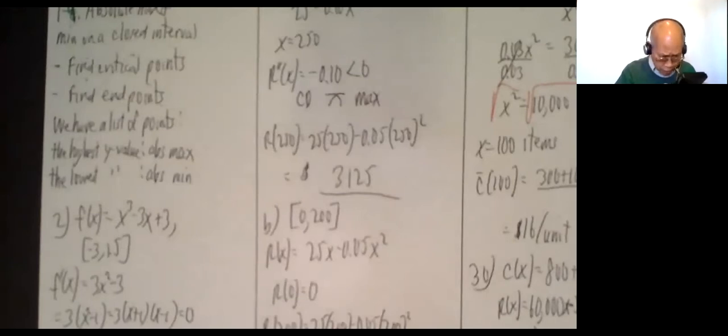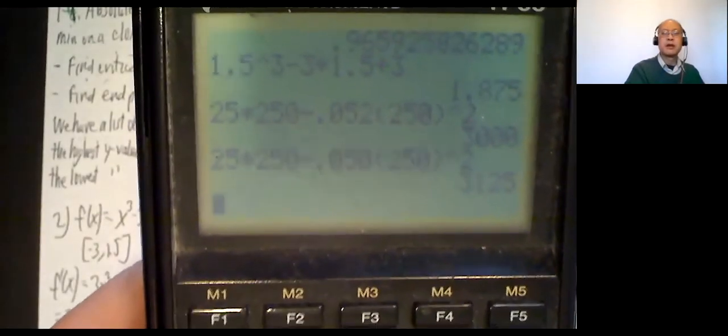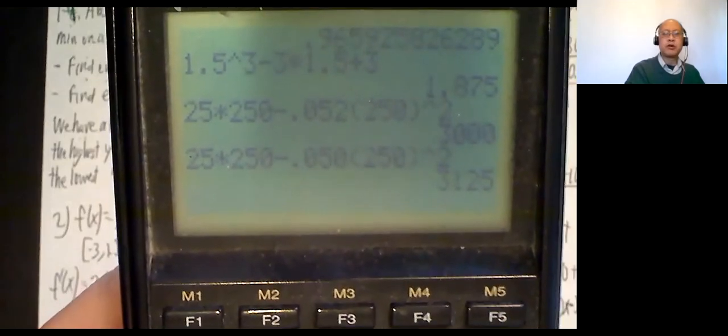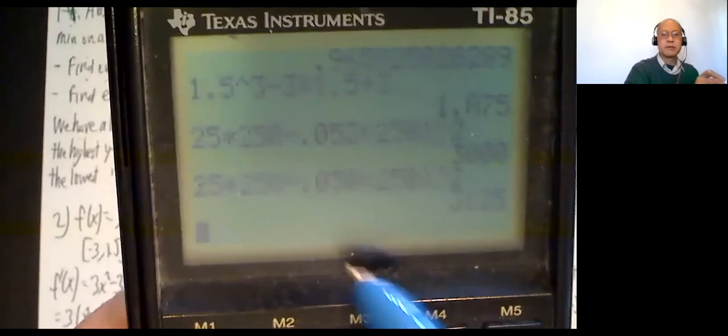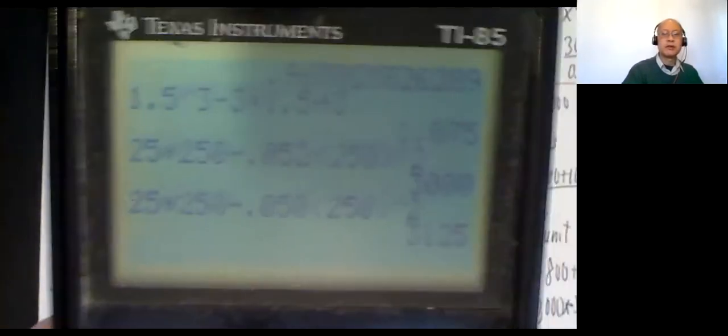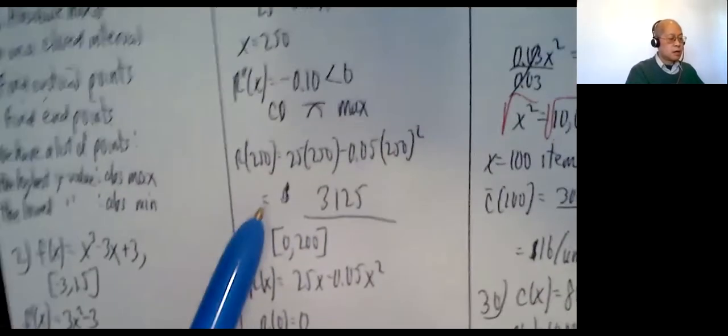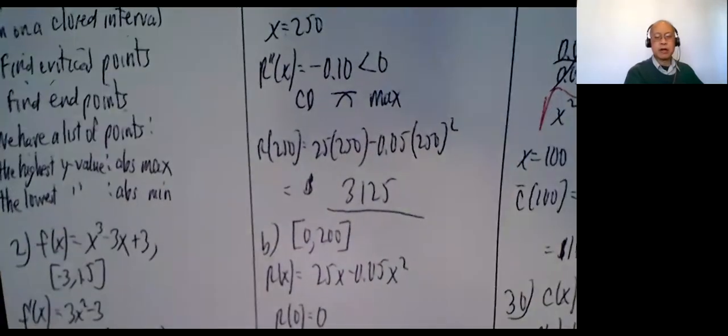I actually added an extra 0 here, but that's okay. That still works. You can see that. So that's the maximum revenue.